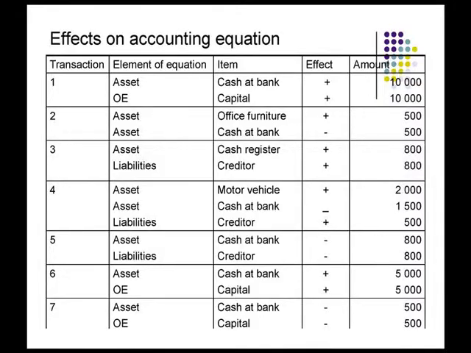The first one is the introduction of capital, 10,000. As a result of this transaction, asset will increase. What is the asset that will increase? Cash at bank. Now think about it.